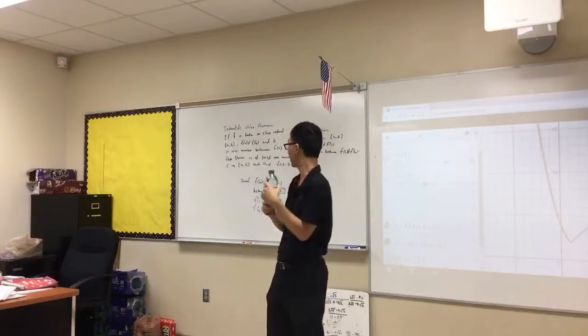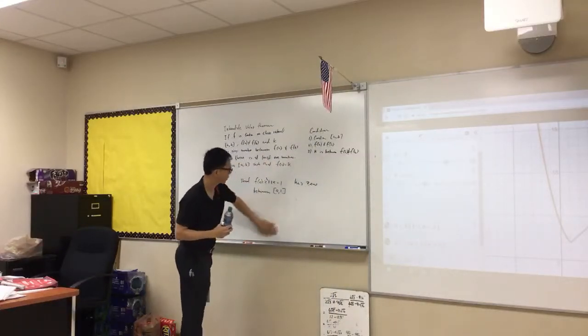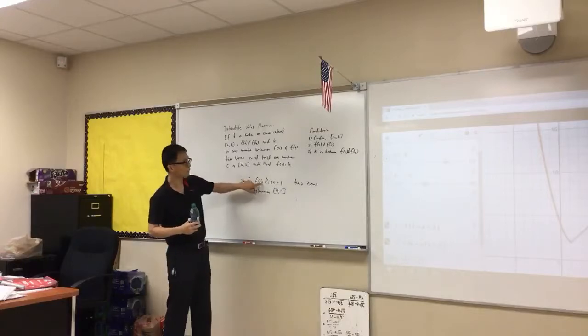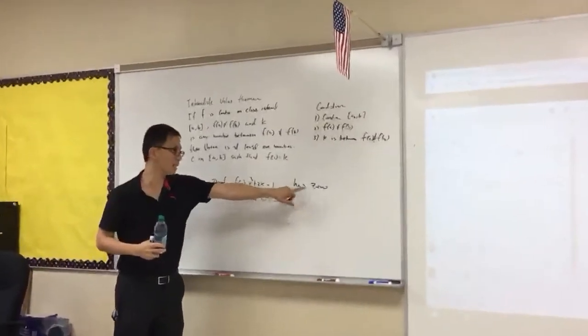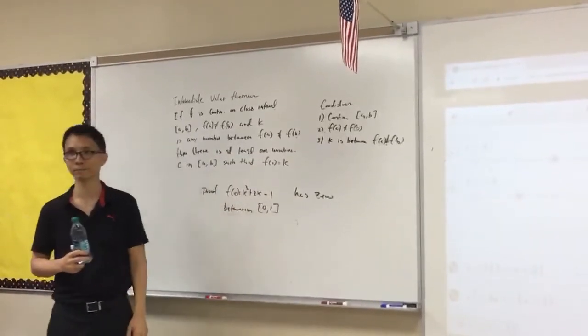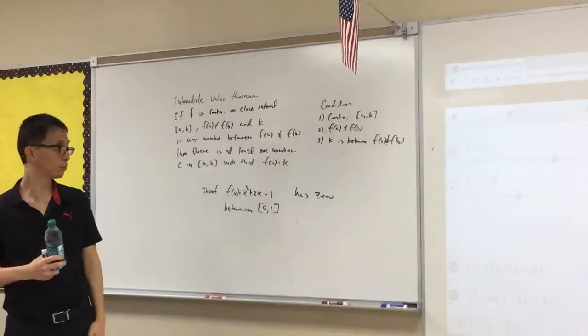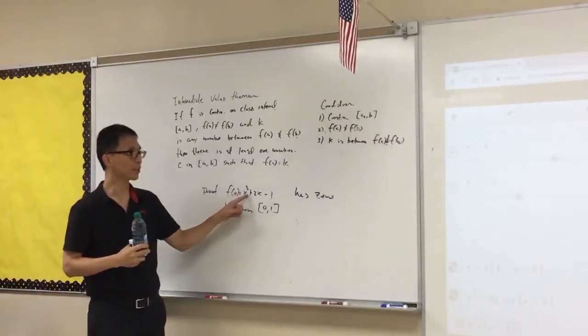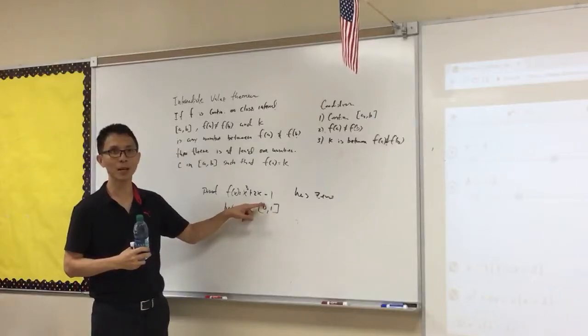So here's a question. The question says, prove that f of x equals x cubed plus 2x minus 1 has a 0 between 0 and 1. Well, what do we know? x cubed plus 2x minus 1, what kind of function is that?